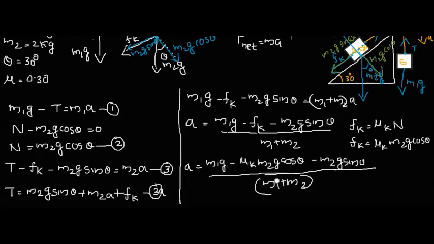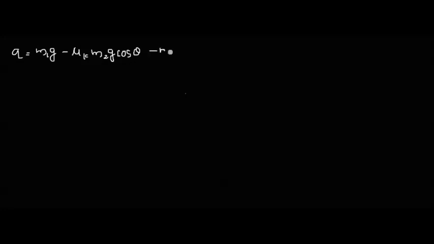By substituting the values, we will get the acceleration of the system. Now let's substitute the values. I will write the equation once again: a is (m1g minus mu k into m2g cos theta minus m2g sin theta) whole divided by (m1 plus m2).